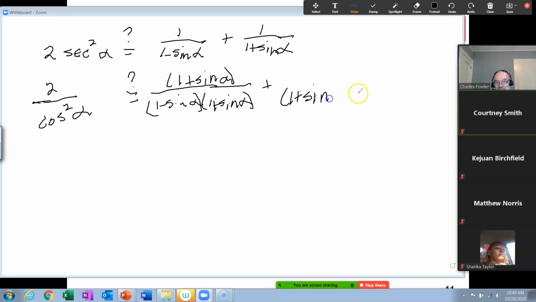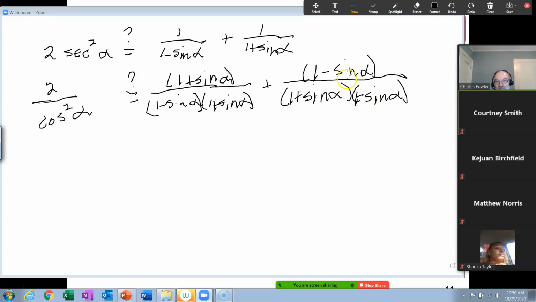For some reason, this pen just refuses to write reasonably. We want to multiply that by 1 minus sine alpha to get the least common denominator, so we multiply the numerator by 1 minus sine alpha.